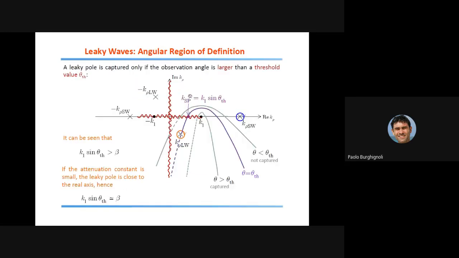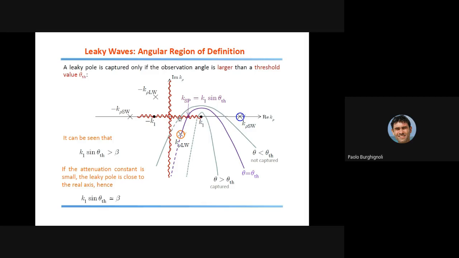Let us see more in detail when the leaky mode comes into play. Consider that you have an observation angle that changes, and in particular it increases. When theta is smaller than a certain threshold value, theta threshold, you have this gray path here, which goes in part down in the bottom Riemann sheet, and this is the dashed part there.